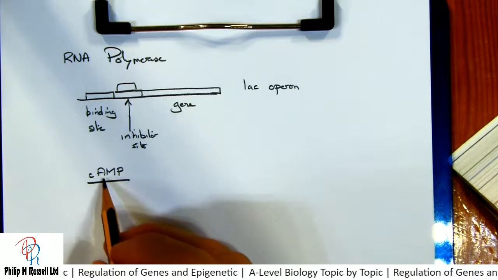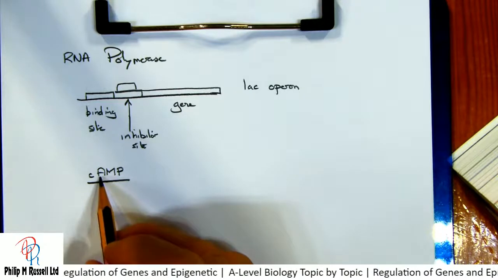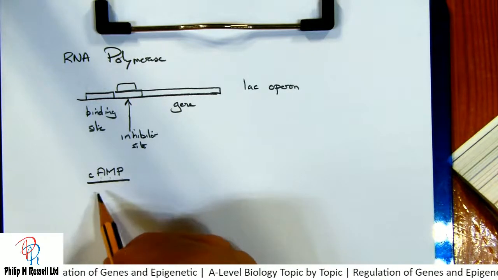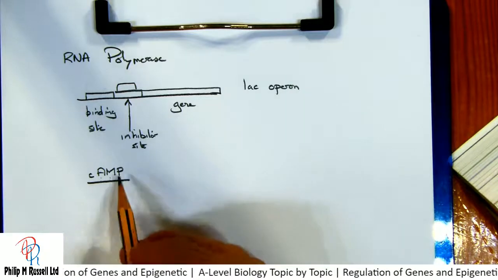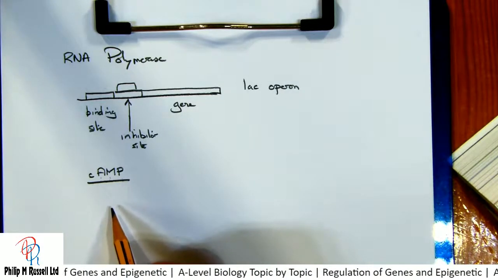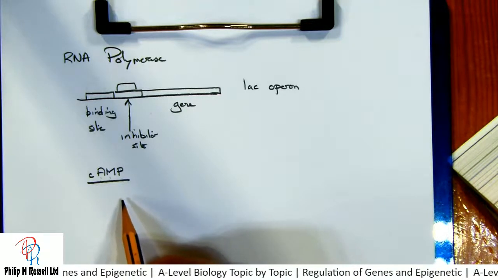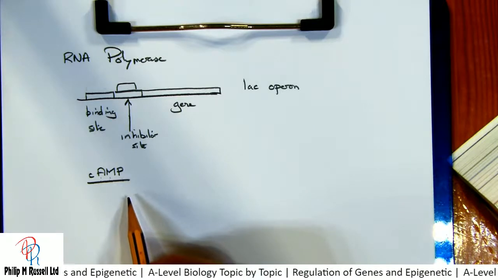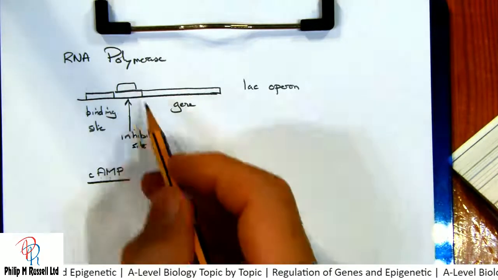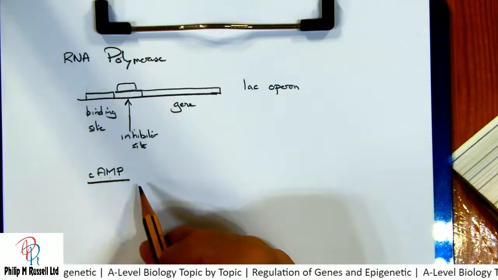AMP is adenosine monophosphate, which will make later ADP and ATP. It's a very much used molecule, and in this form it's just cyclic. Now, this cyclic AMP can basically bind to one of these proteins, part of this RNA polymerase.